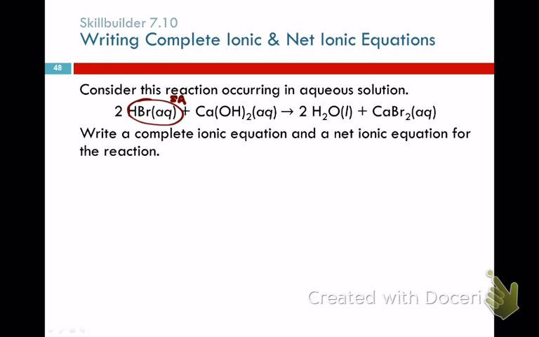To write the total ionic equation, or the complete ionic equation, I have to write what is ions? Aqueous salts, right? Strong acids, write as ions. So what's the H going to do? That would be 2H plus 2Br minus.